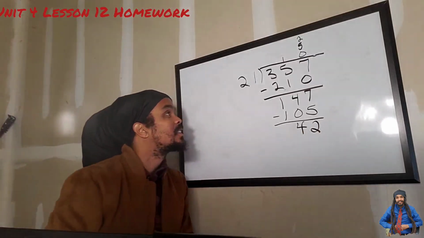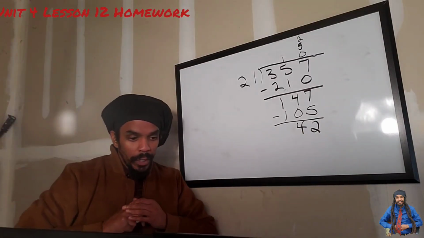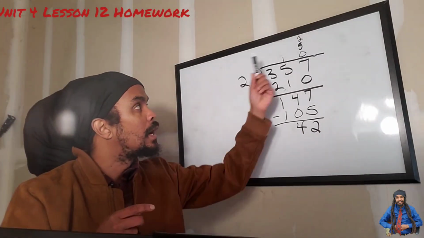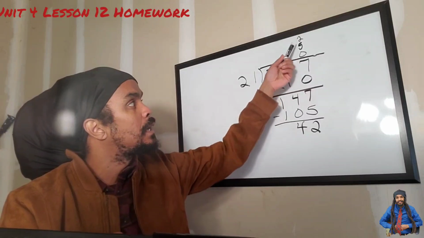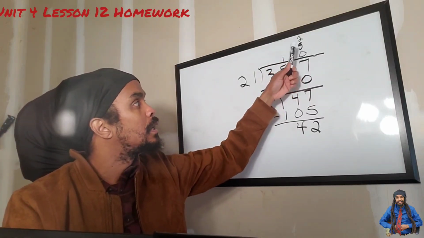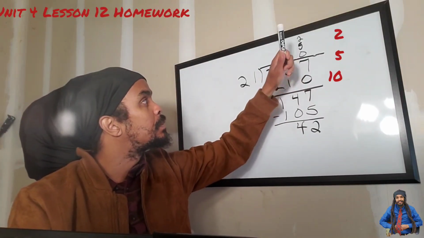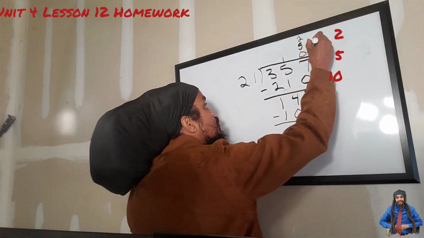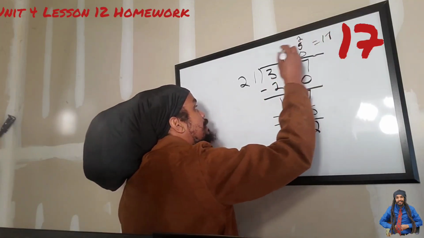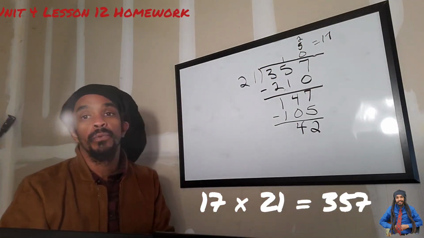All right. So now we need to be talking about our answer. And our answer is going to be adding up the chunks that we took out. 10 plus 5 plus 2 equals 17. So 17 times 21 is 357.